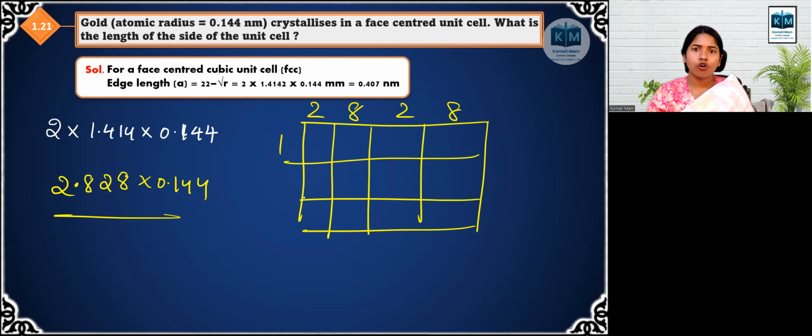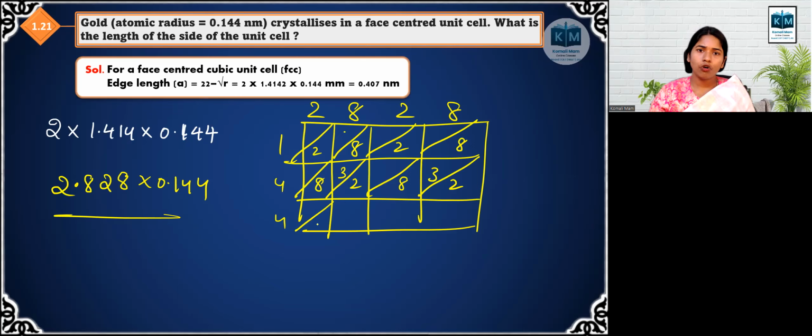4 2s are 8, 4 8s are 32. Again, one more time: 4 2s are 8, 4 8s are 32.